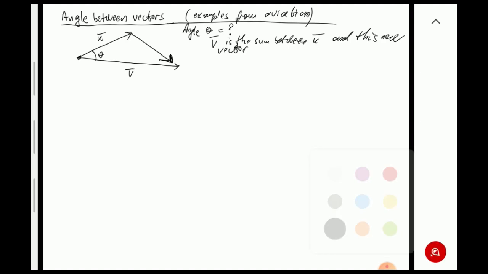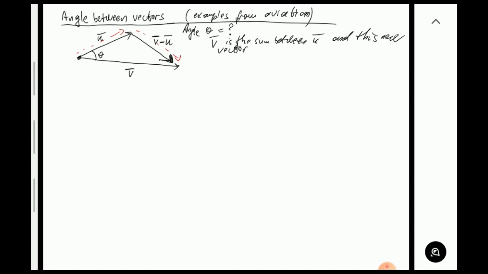So this one here plus this one here should give you V, right? The vector V. And that means this new vector that I just constructed here can be viewed as the difference between V and U.